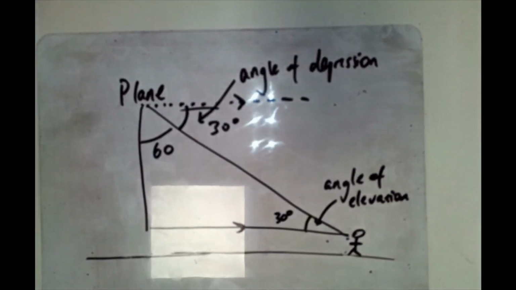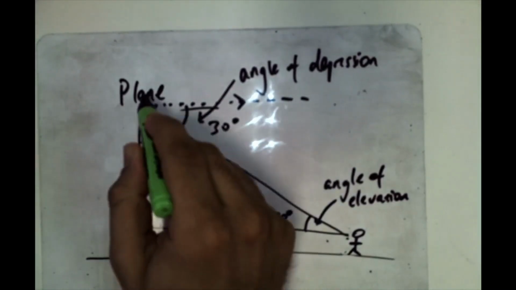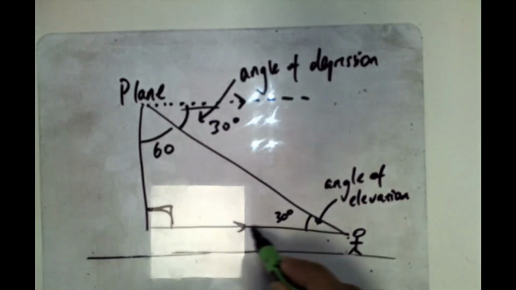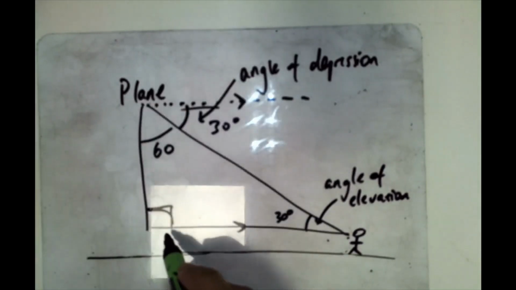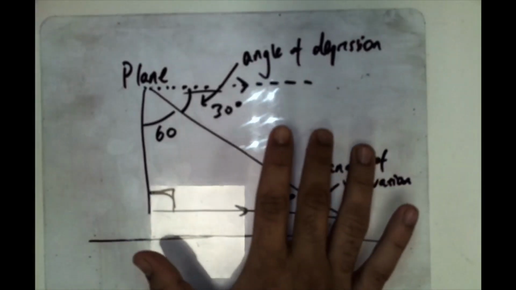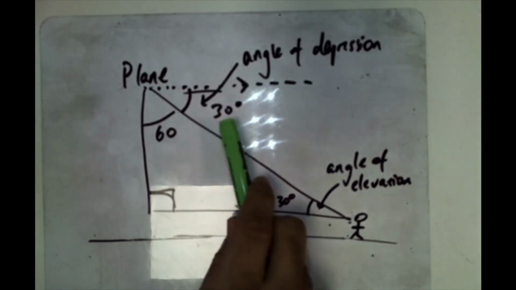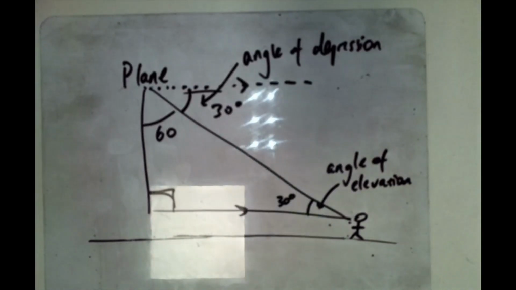And if you know that that's 60 and that's 30, I mean obviously this one would be a right angle anyway, you know that because it forms a right angle. Horizontal and vertical come to meet together at a right angle. So you should hopefully be able to see there that the angle of depression, the angle of elevation, there is a relationship between the two things. Okay?